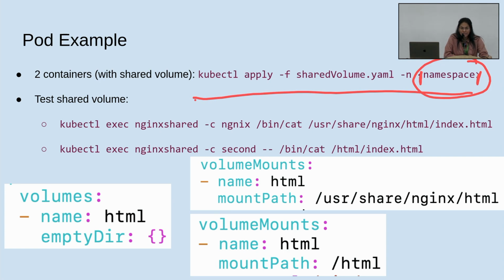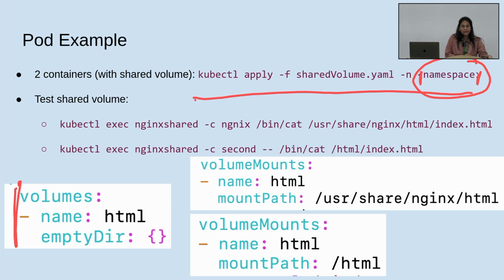So what this basically does is it creates a volume that gets shared across these containers, right? How do you see that? If you open this shared volume.yml, first we create a volume which is an empty directory. Empty directory means the node on which your container is getting created creates an empty directory there, which will be mounted as a volume.